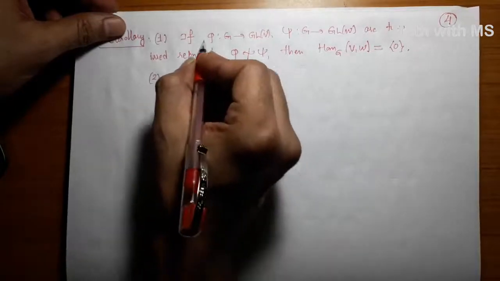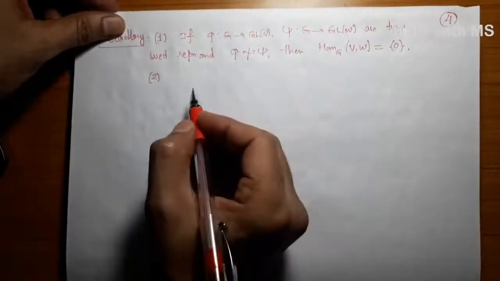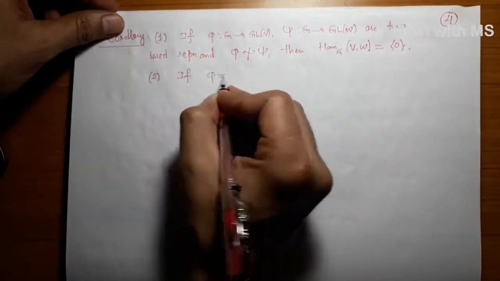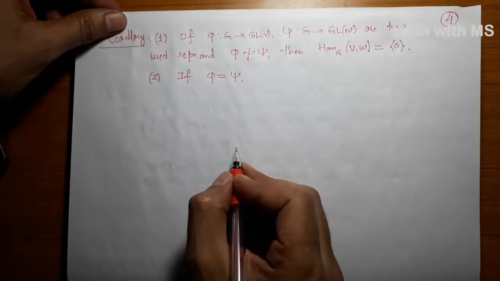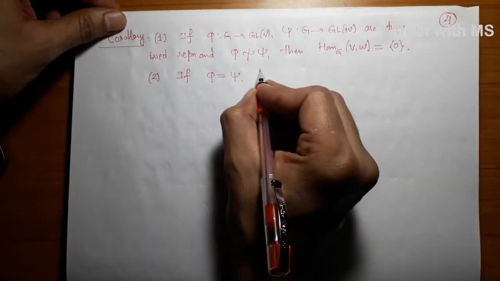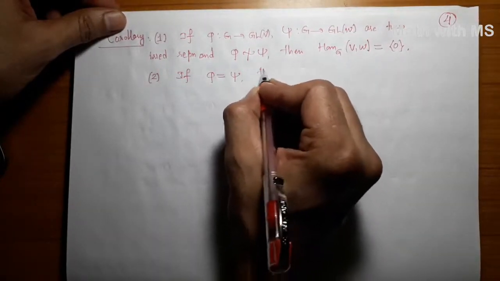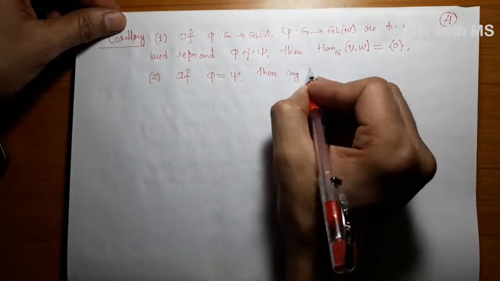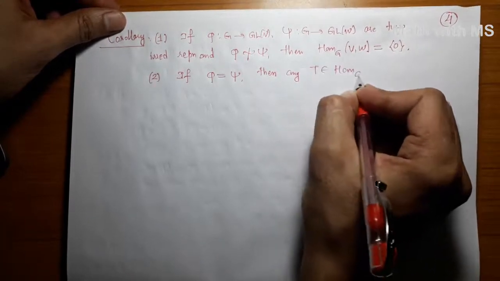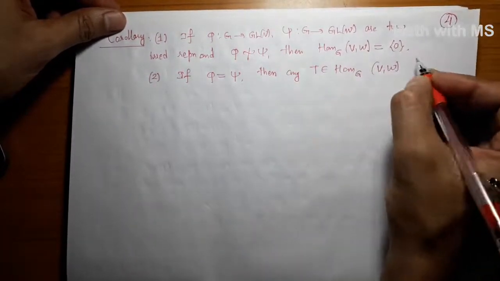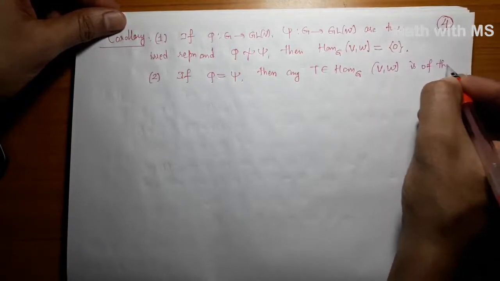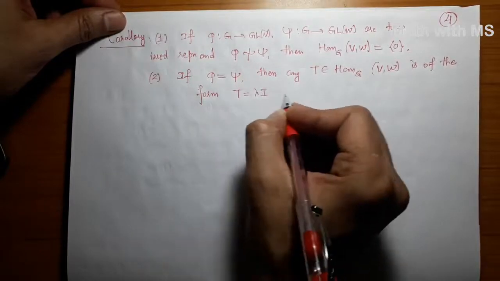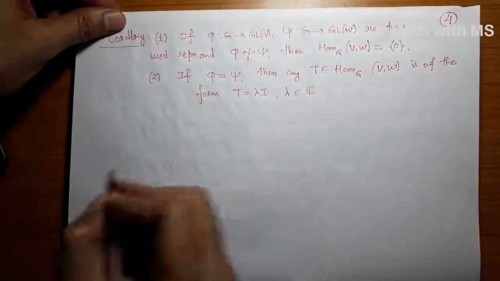And second, again phi and psi are two irreducible representations. Okay, and if phi and psi are the same representation, then any T belonging to Hom_G(V, W) is of the form T equals lambda times identity, where lambda is a complex number.